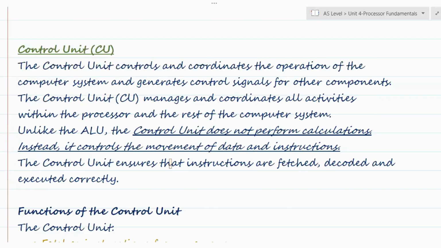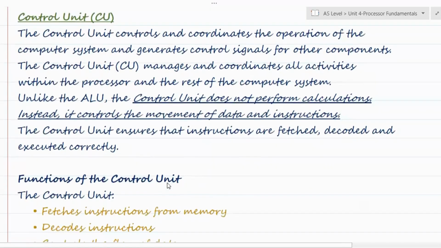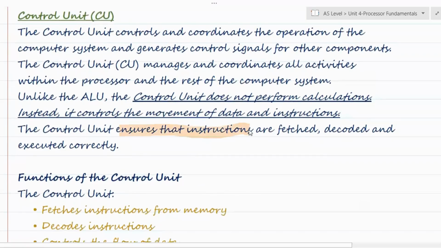Now let's move on to the component that actually controls everything. The control unit is like the conductor of the computer system. It doesn't perform any calculations itself. Instead, it coordinates and controls everything. The control unit ensures that instructions are fetched, decoded, and executed correctly.